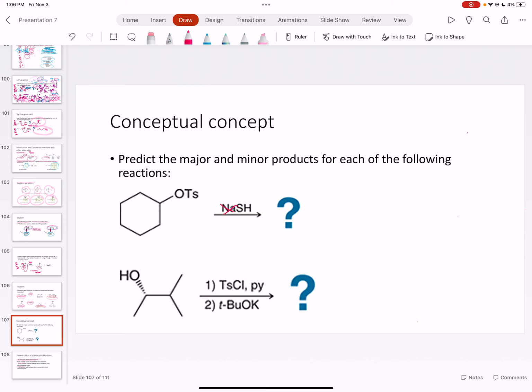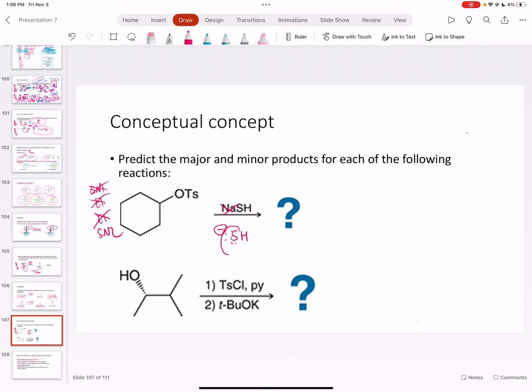So then again, we have a spectator, we have an SH. So then we have SN1, E1, E2, SN2. We have a negative, so E1 and SN1, they're out of the way. E2, technically what gives it away is that sulfur, right? So then E2 cannot happen, so we only have SN2.